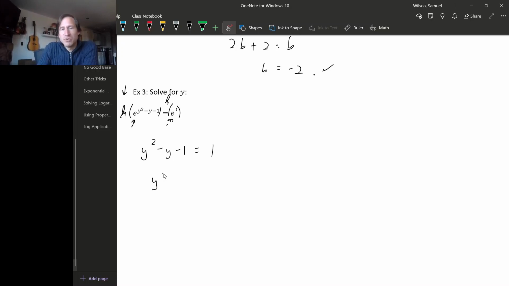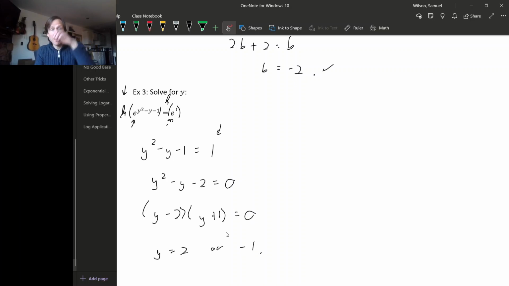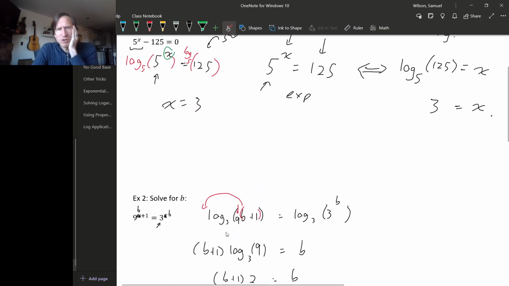So when we move that 1 over here to the left, we get y squared minus y minus 2 equals 0. This one does factor. It looks like it's y minus 2 times y plus 1 equals 0, and so y is going to be 2 or minus 1.